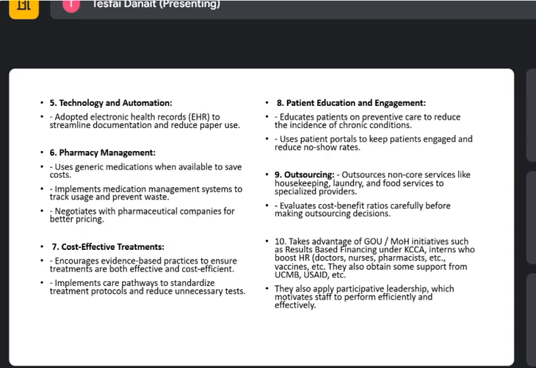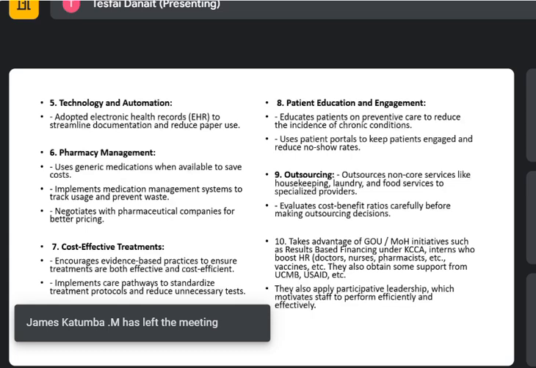All that is labor intensive. It requires you to have many staff that you have to pay. But with automation now, you just register at the front desk office. Every other unit gets information by just a click of a button. So that's how automation and technology is helping Lubaga Hospital, for example, to save on costs and yet be efficient.